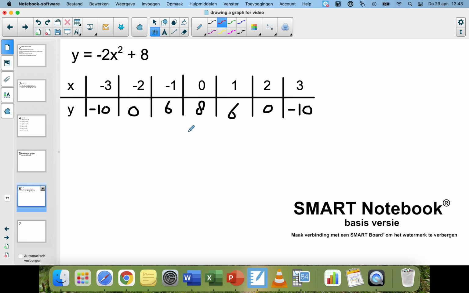So that's a difference of 18. Which means if we take steps of 1, we need 18 centimeters in your notebook. So that's quite a big graph, so we're not going to take steps of 1. If we take steps of 2, we can take 9 centimeters, so that's already a lot better.